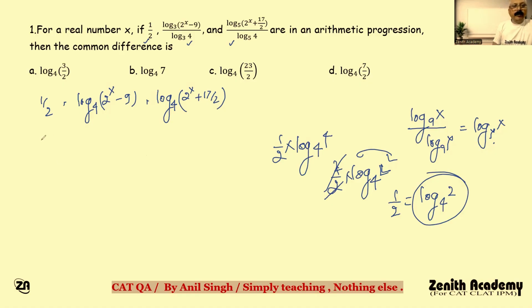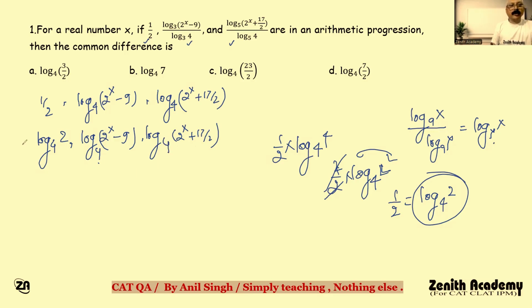Now these three terms are on the same base: log of 2 to base 4, log of 2^x - 9 to base 4, and log of 2^x + 17/2 to base 4. Now it is easy to find the common difference.